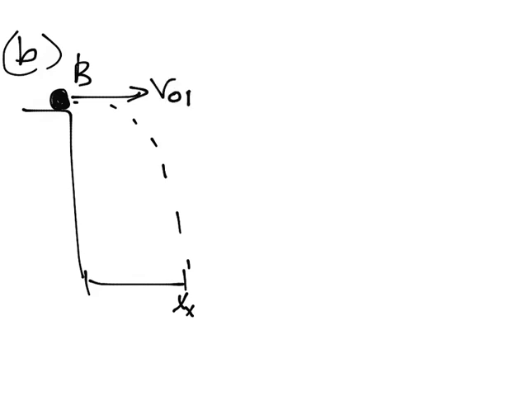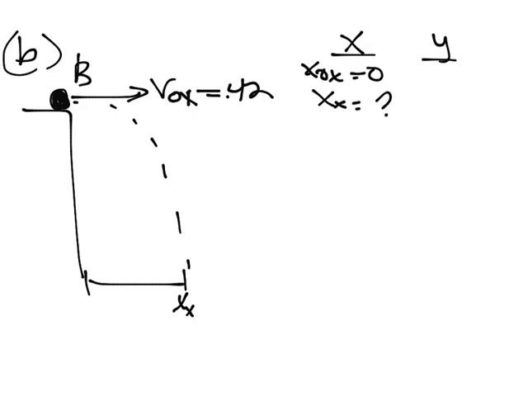I'm just going to say VOX is equal to 0.42. And I'm going to make my XY chart, so I have X naught X is equal to 0, XX is what I'm looking for, my final horizontal displacement. V naught X, of course, is 0.42. Vx will also be 0.42 because our acceleration is 0.